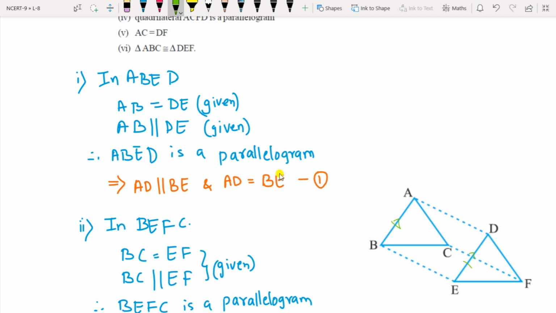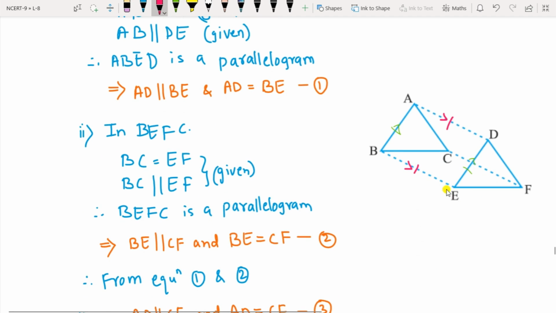That is equation number 1. Hence, since this is a parallelogram, here AD will also be parallel to BE and AD will be equal to BE. Okay. Then consider the parallelogram which is at the base, BEFC.